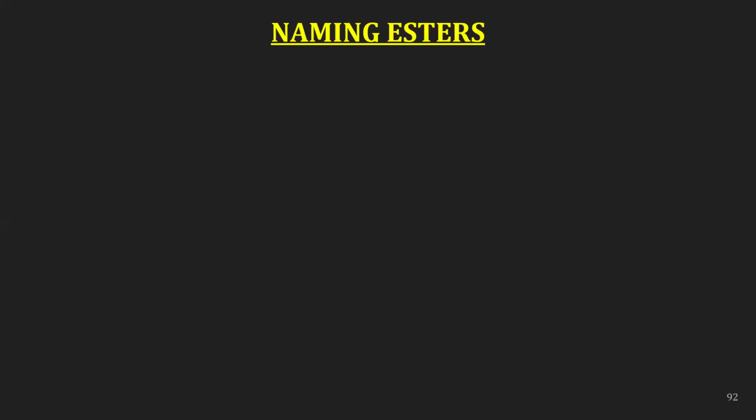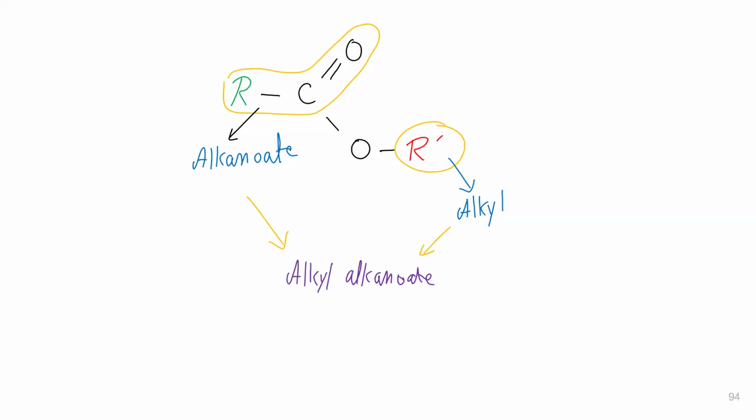Give the side heading, naming esters. So now we are putting this example of how we name it. One side becomes alkanoate and the second side has to become alkyl. Now you have to copy this template to memorize. Please copy this.